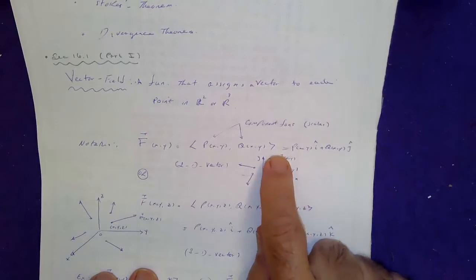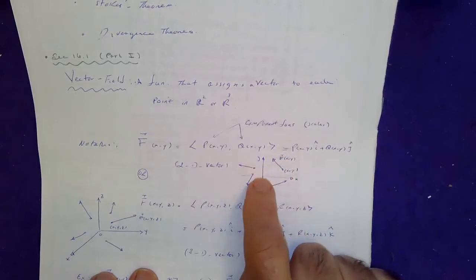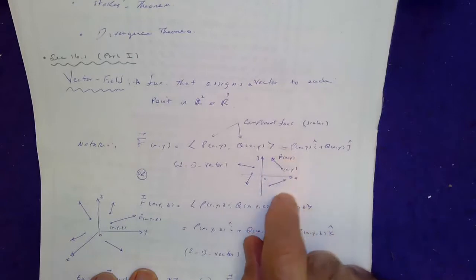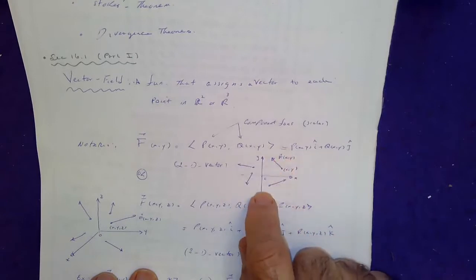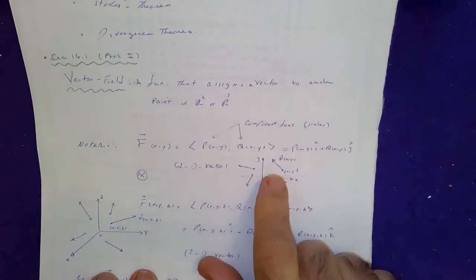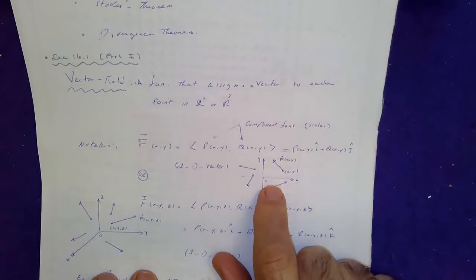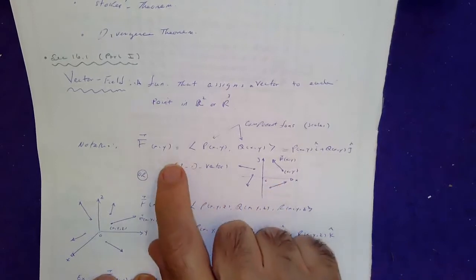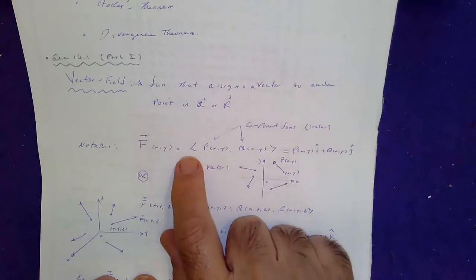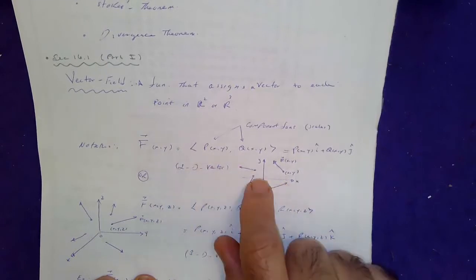So at this point you get this vector, at this point you get this. Collectively you have a set of vectors on the floor, which is the xy plane. So that would be the picture of a vector field in 2D.